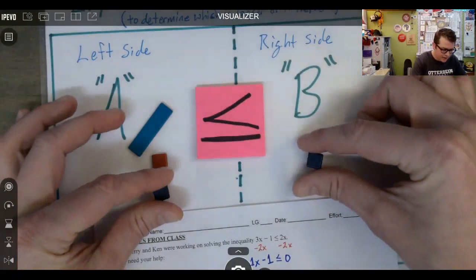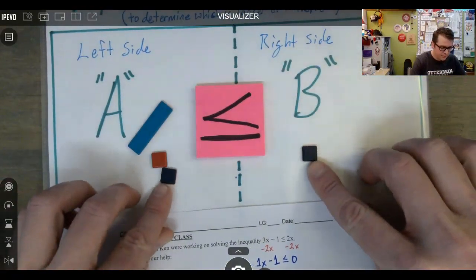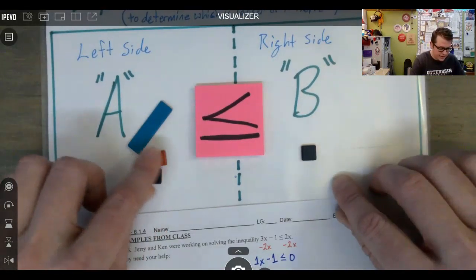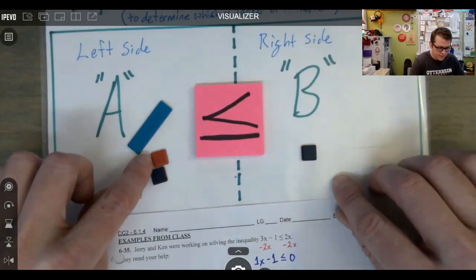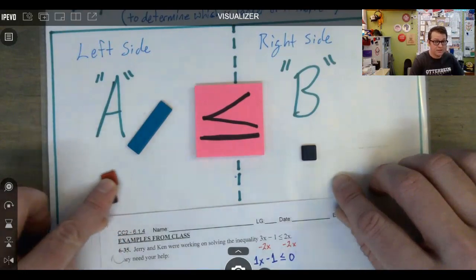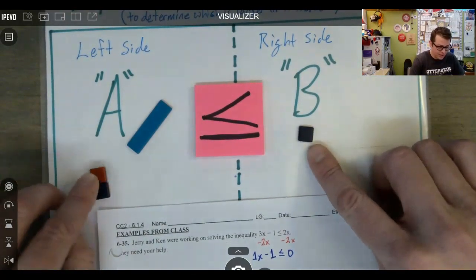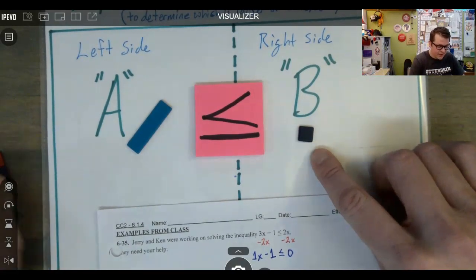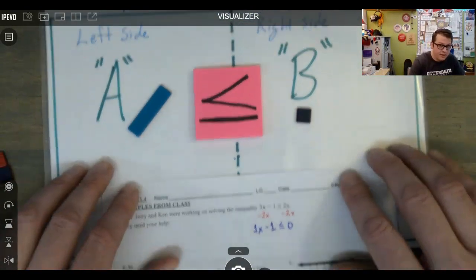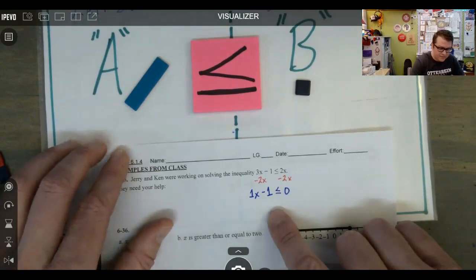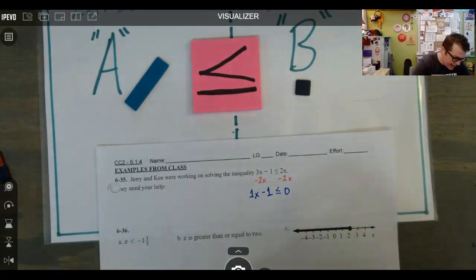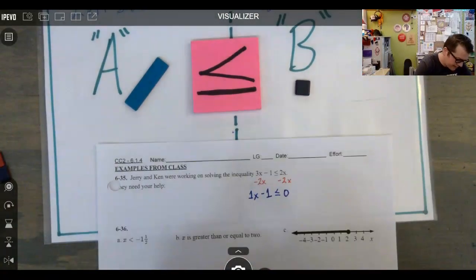So if I bring in a positive 1 on both sides, what that's actually going to do is cancel out this negative 1. So this can be gotten rid of while this 1 just stays there because I just brought it into my situation. How I show that algebraically is we physically added 1 to both sides.